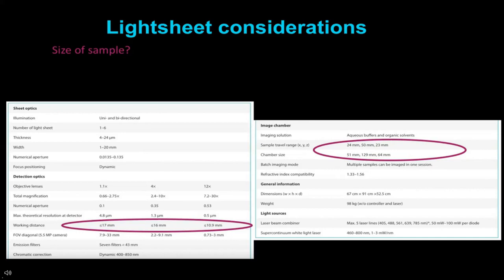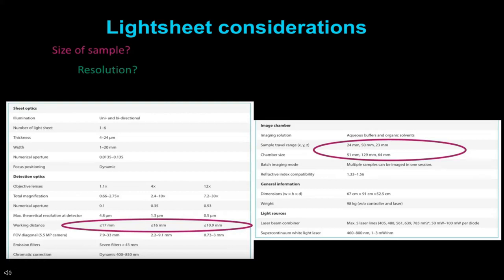That would mean that if your sample is 1.7 centimeters thick, then to image the bottom, the lens is actually on the top of the sample. So you see how this varies with different magnifications of lenses.